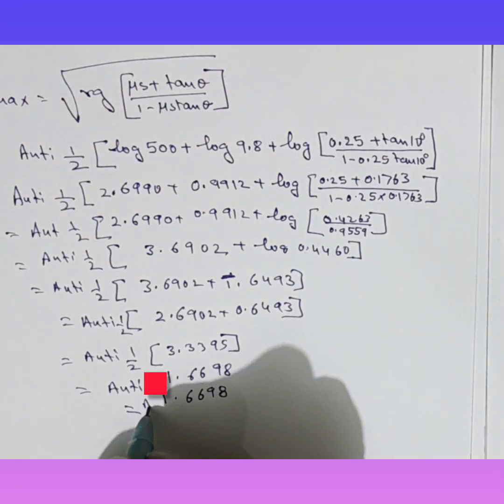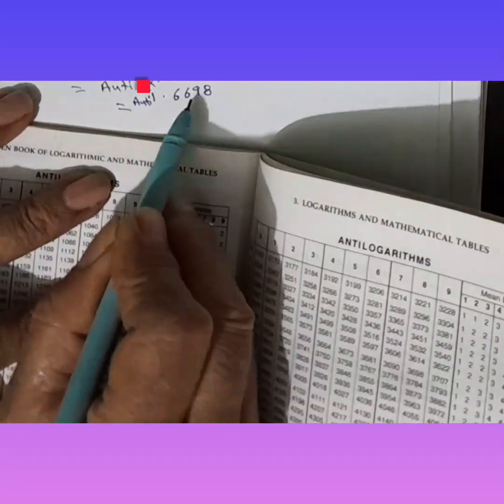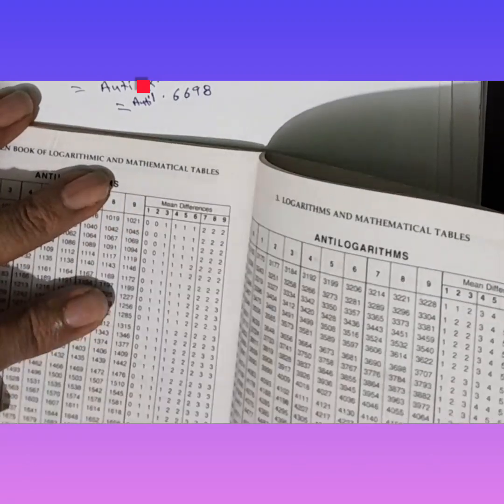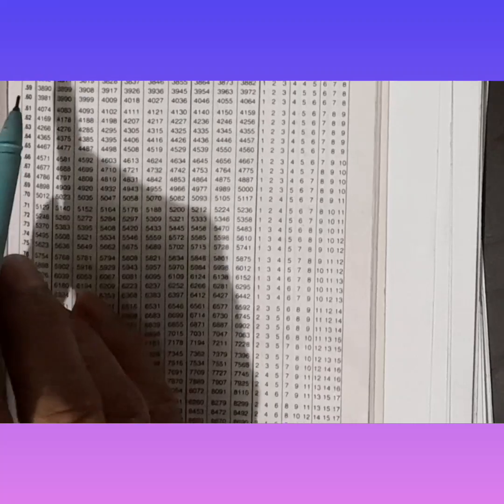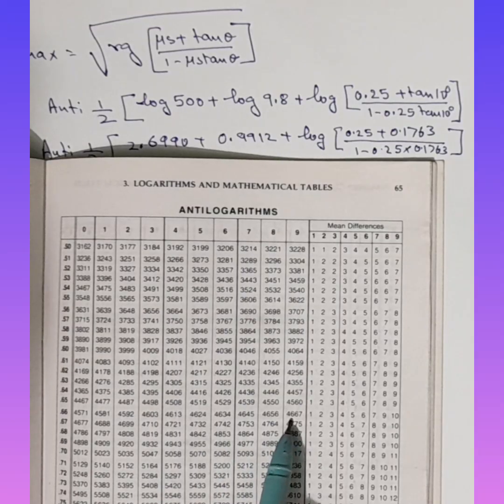We have got to check anti-log of this. So it is 1.6698, we have got to check for 0.6698 in anti-log. It's over here, 0.669 and 8.